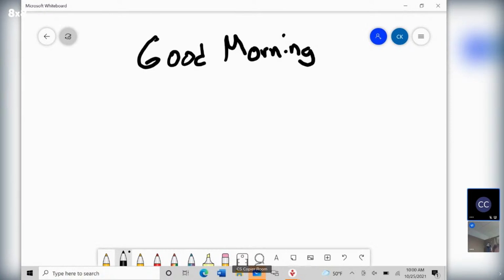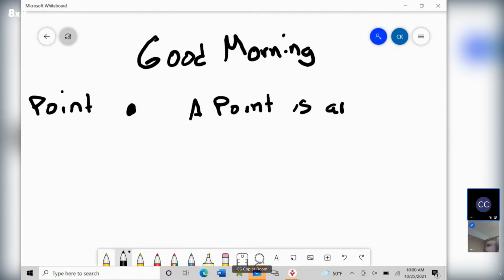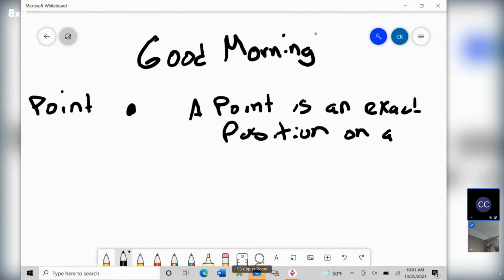a point, and that's all that is, a point. It says a point is an exact position on a plane surface.